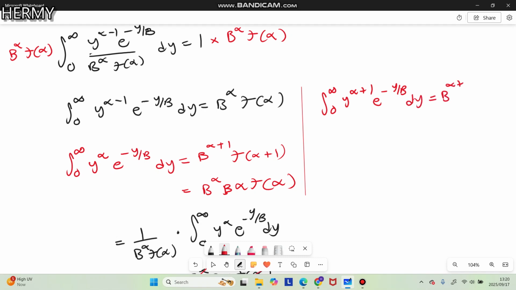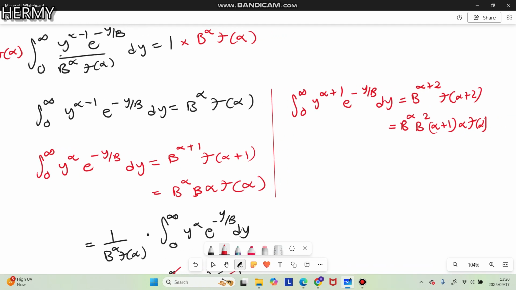Where there is alpha we add 2, then where there is gamma we add 2. Then it means your final answer is just beta of alpha, then 2 here, then beta squared, then alpha plus 1 of alpha of gamma of alpha.